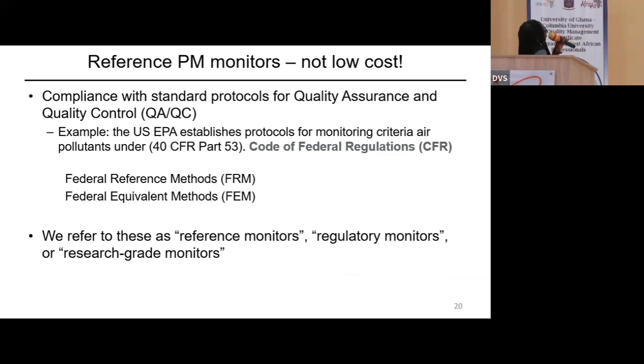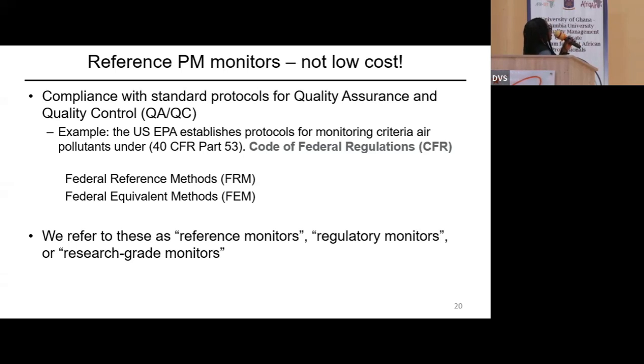So reference monitors. Reference monitors are not low-cost monitors. These are the ones that comply with standard protocols for quality assurance and quality control. We have examples like the US EPA, which establishes the protocol for monitoring criteria air pollutants. I remember Dan talked about criteria air pollutants.